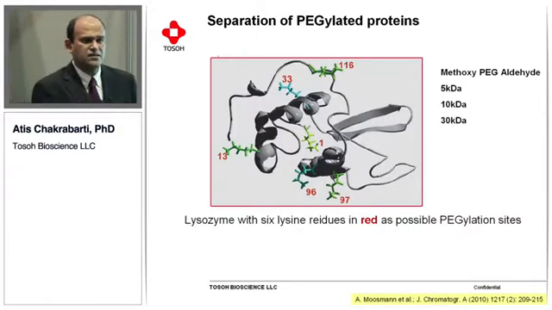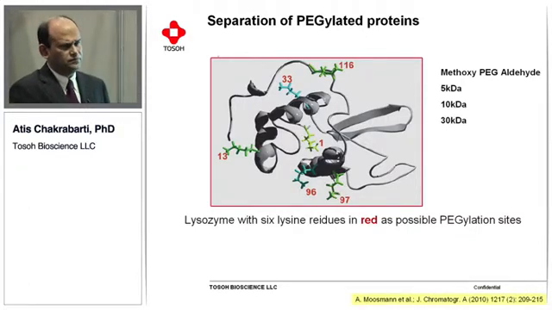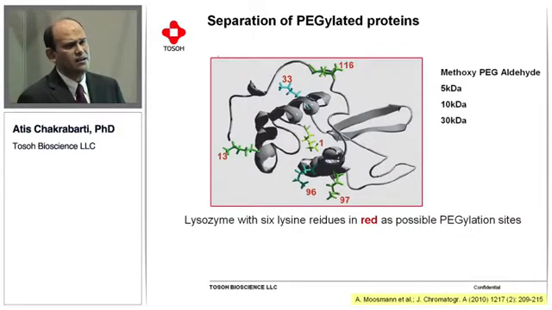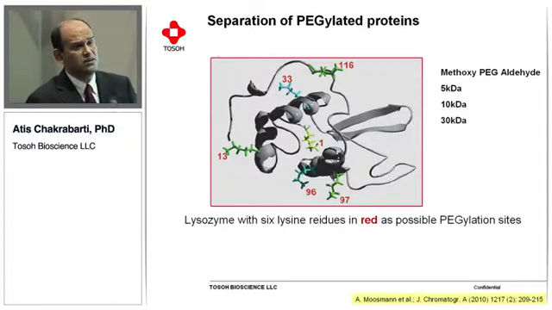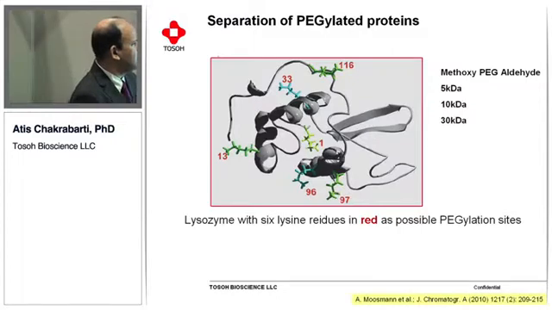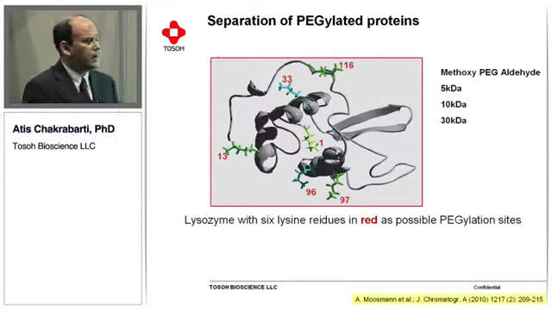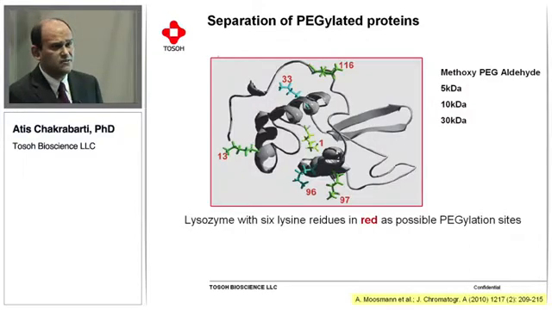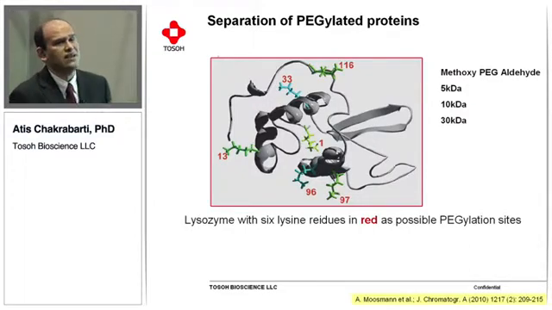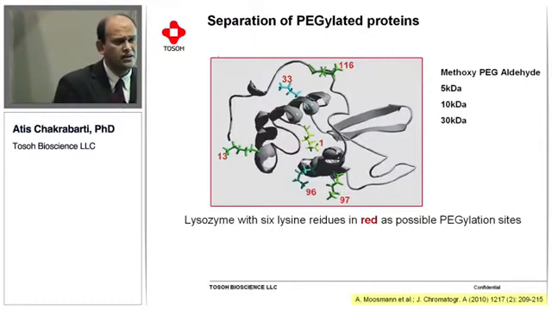Pegylation is another important issue, for there are so many factors, like you need targeted delivery, and you want to avoid toxicity related issues. So we have used 3 different molecular weights of PEG, and we derivatized the lysozyme with that, and red is the position of the 6 lysine residues where it's getting derivatized.